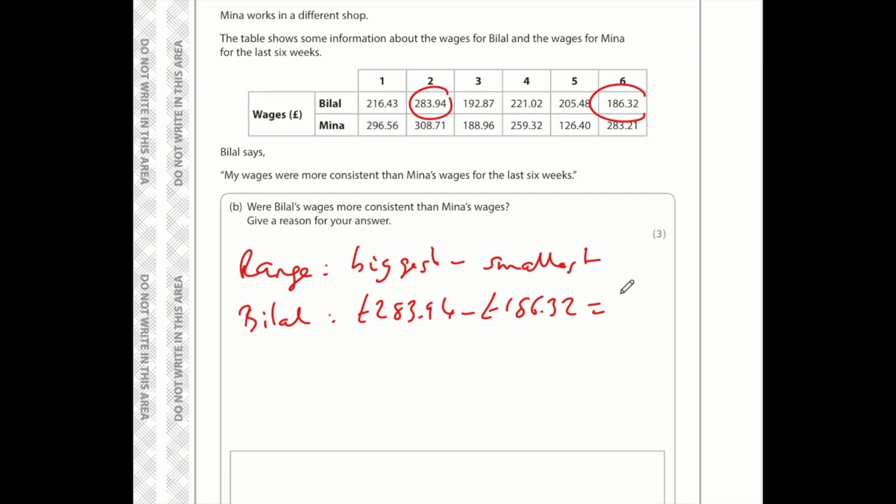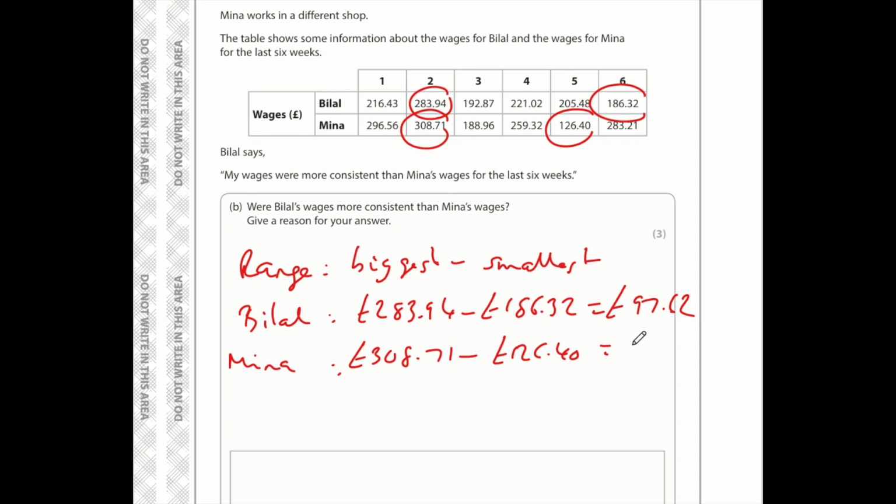And that is a range of £97.62. And for Mina, the largest is 308.71, and the smallest is 126.40. This is a much bigger range, which is £182.31.